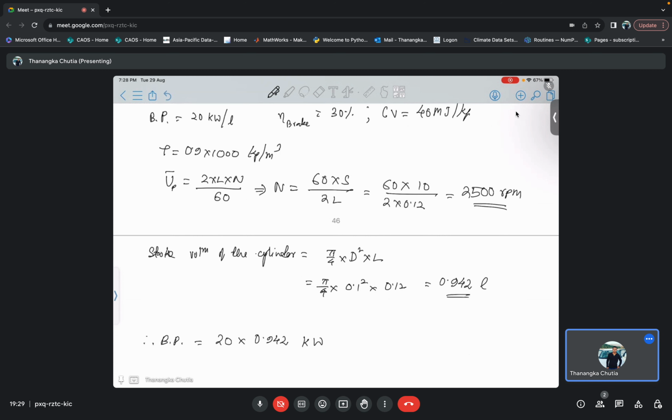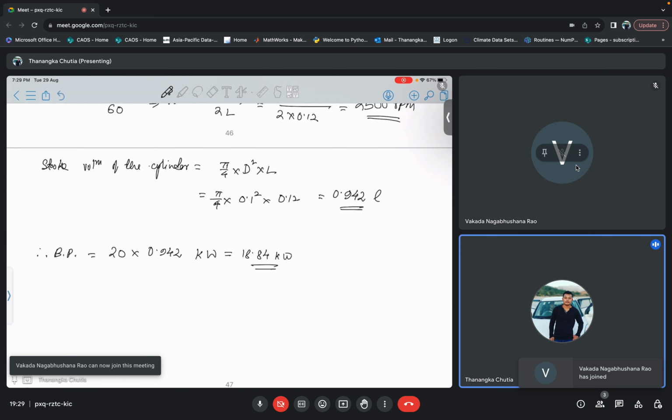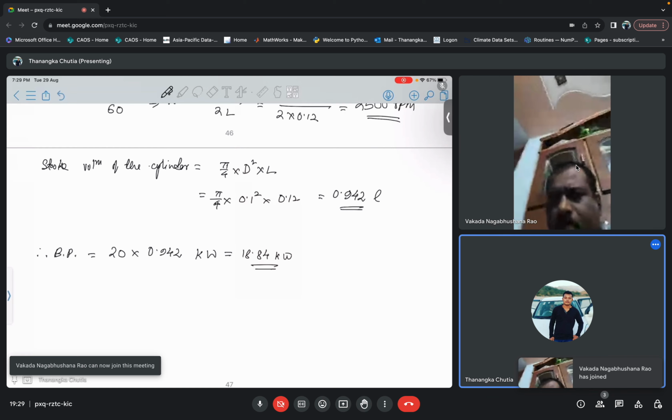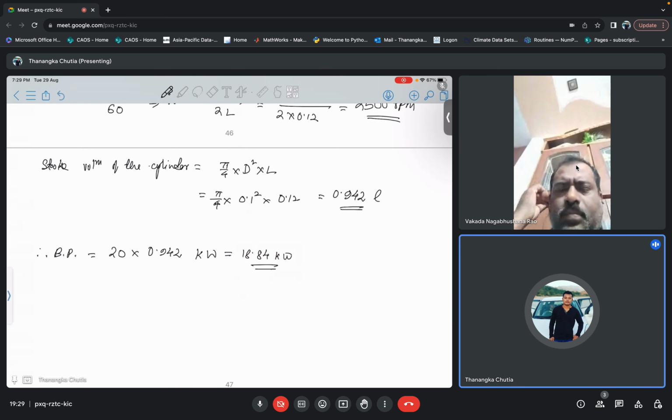Okay, that is 18.84 kilowatt. This is your brake power.